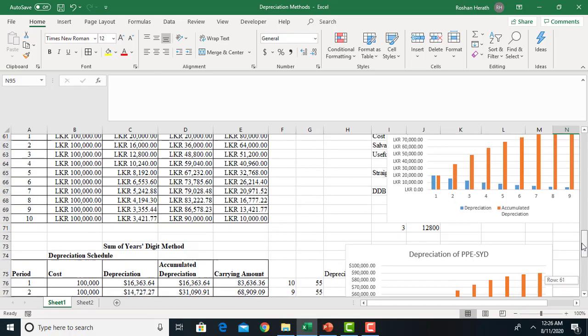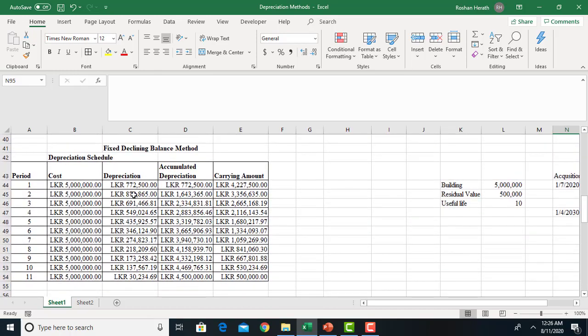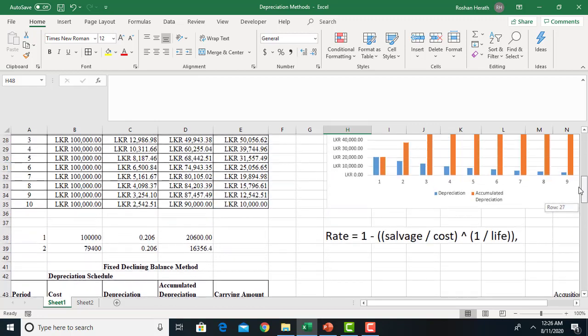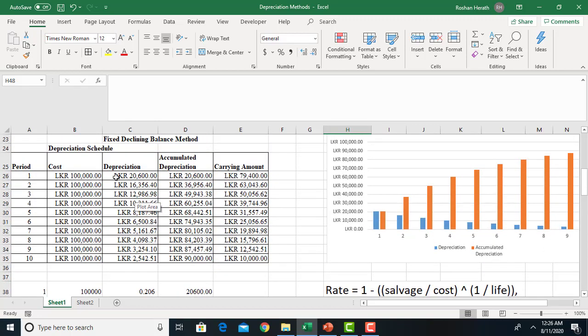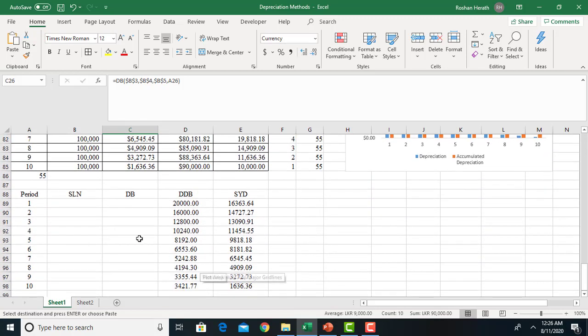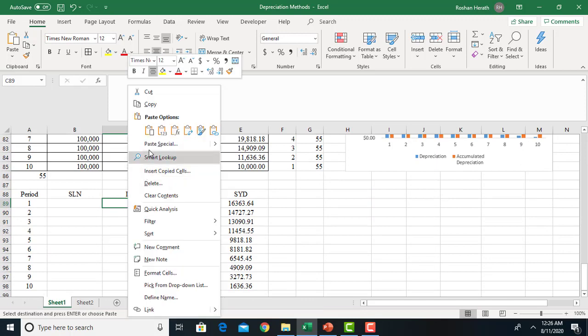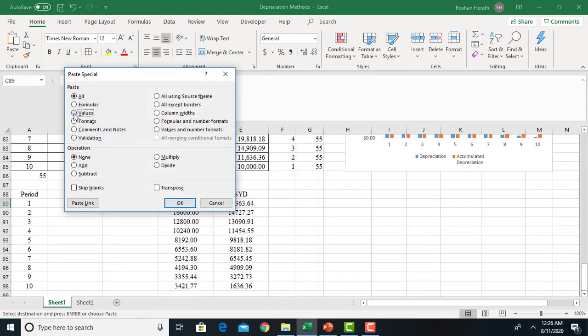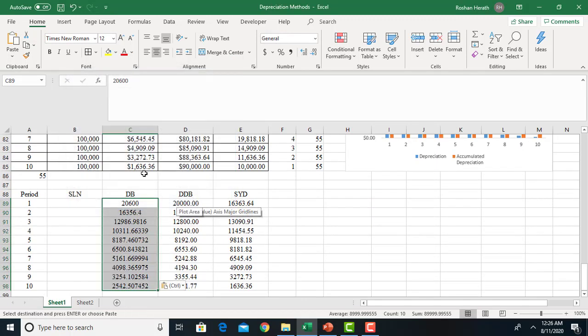The double declining balance method, then we have the fixed declining balance method depreciation as well. It's the DB, make sure to take the values only.